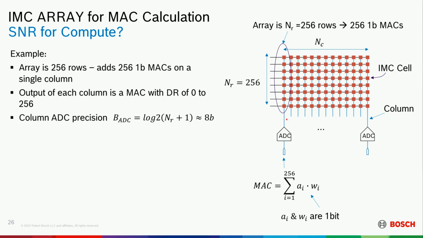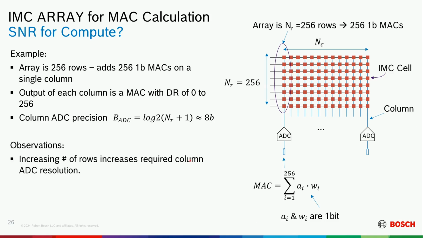It's going to be close to 8 bits. So as you increase the number of rows in an in-memory compute array, if you want to get the full-fidelity output, you need to increase the ADC resolution.